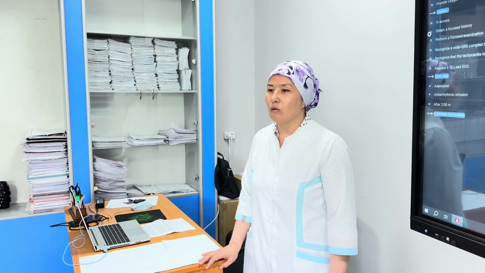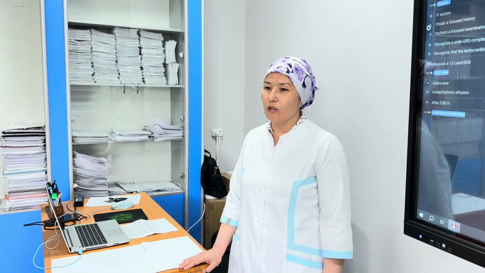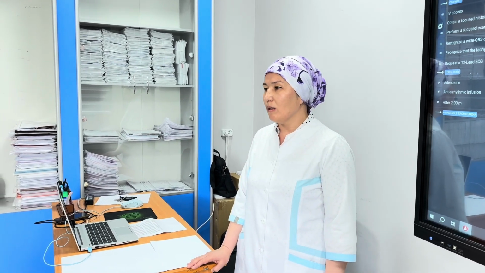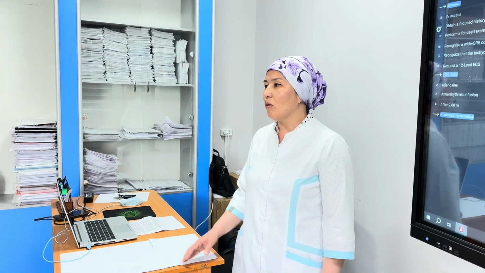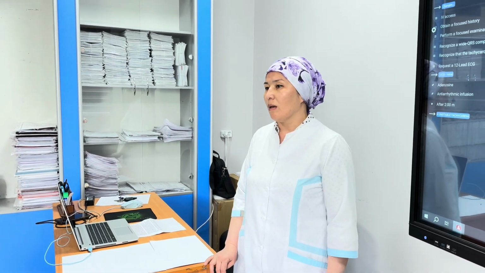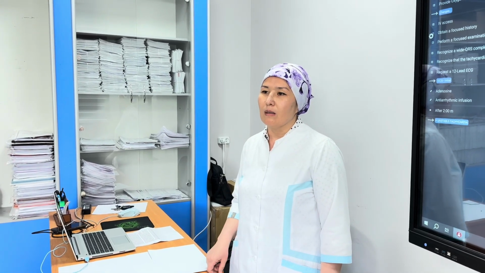remember the ECG program. We need to use the ECG apparatus today, and we need to remember how it's used and which elements we can see here, which waves are in the ECG, and their meanings.